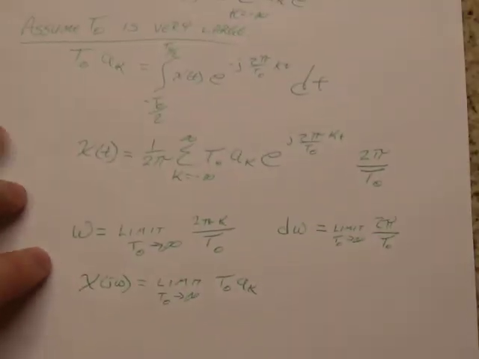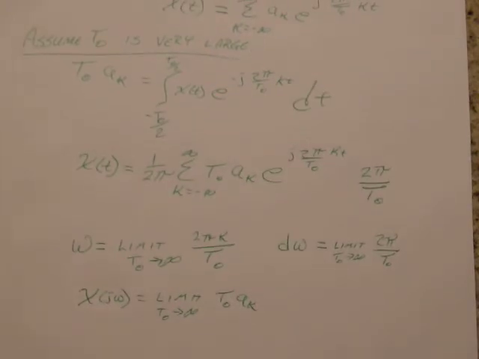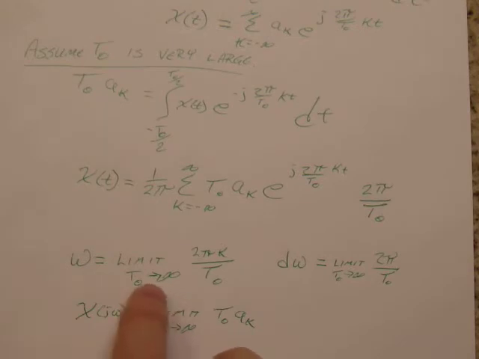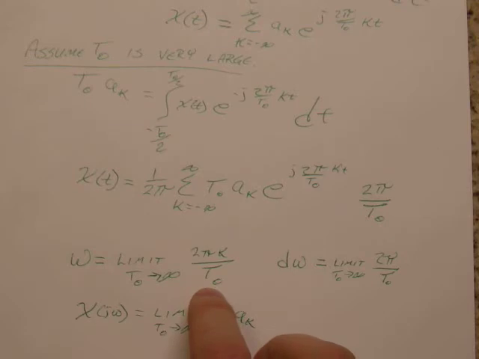Okay, so we just defined some variables here. As t naught approaches infinity, we're just going to call this term omega. Now, if you think about what's happening, as t naught gets very large, this gets very small, and this is basically the harmonics.